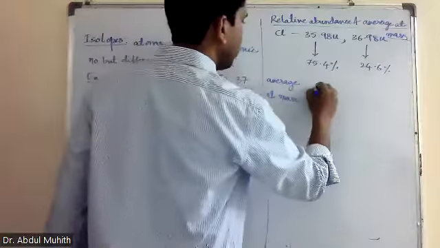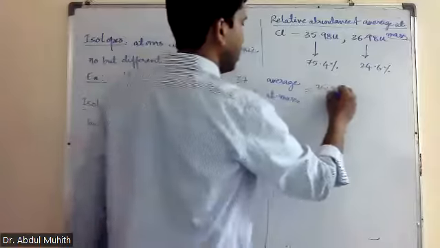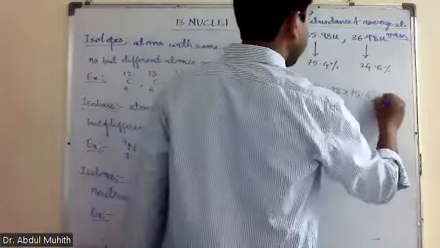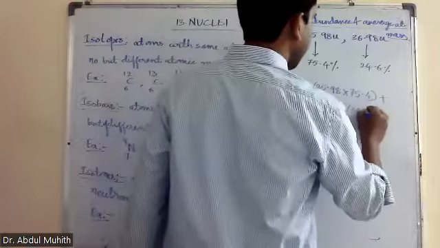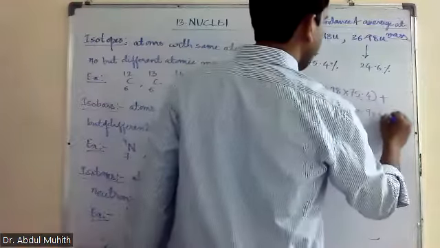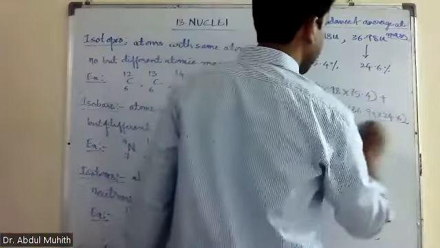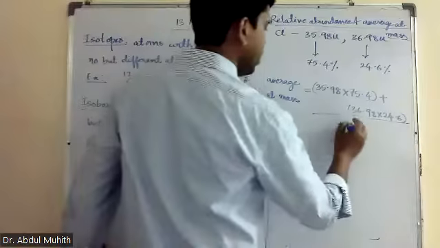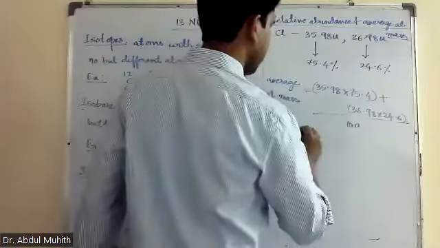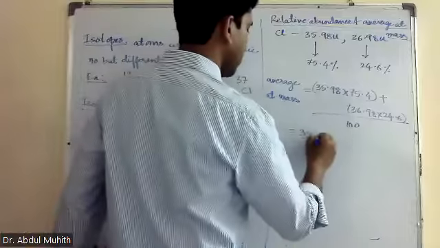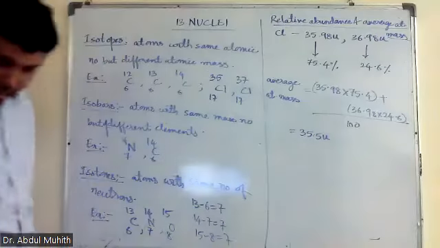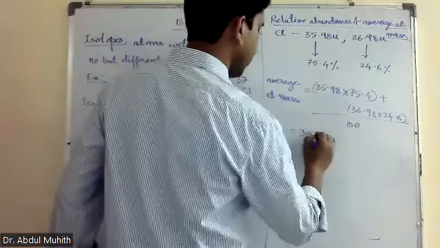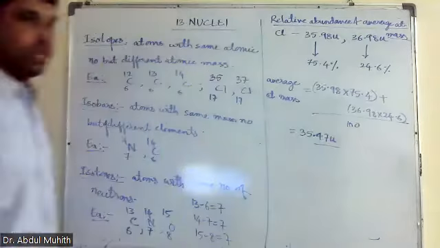It is equal to 35.98 into 75.4 plus 36.98 into 24.6, divided by 100. So we get a value of around 35.5 U, about 35.47 U. That is the reason why they write this value in the periodic classification table.